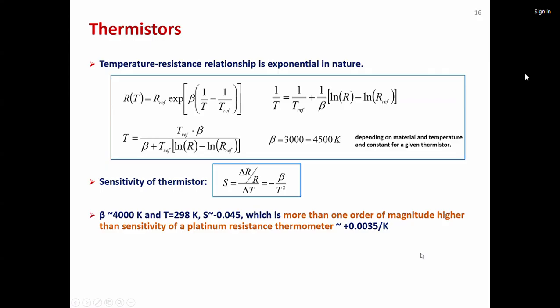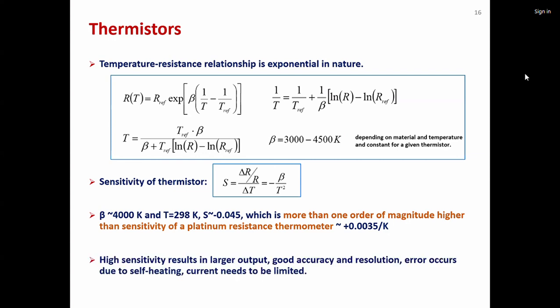Okay, so we now know that thermistors are much more sensitive compared to RTDs. And higher sensitivity is always desirable because it results in larger output, good accuracy, and resolution. But you can have a similar problem like an RTD, that you may have self-heating.